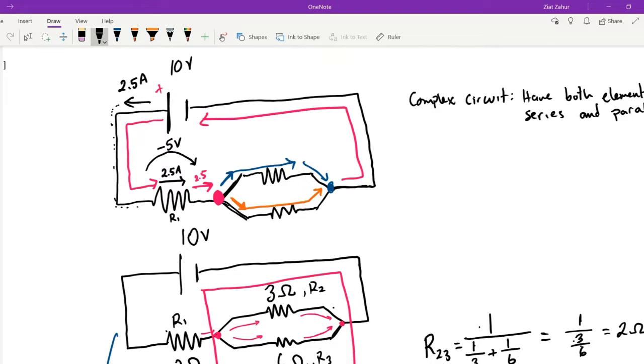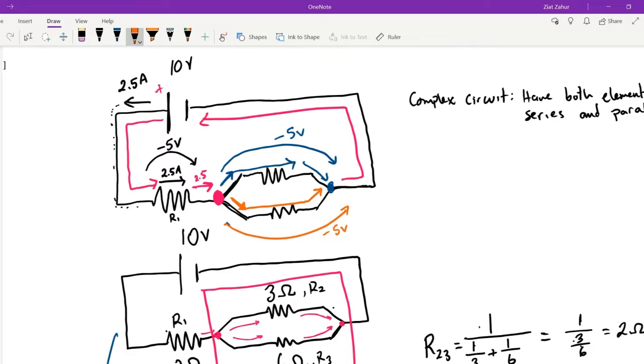You only have $5 left. That means that no matter which pathway you take, whether you take the blue route or the orange route, you're going to lose the rest. So you're going to lose 5 volts here, and you will lose 5 volts here, because you only have 10 total, so you lost 5 already in the first one.